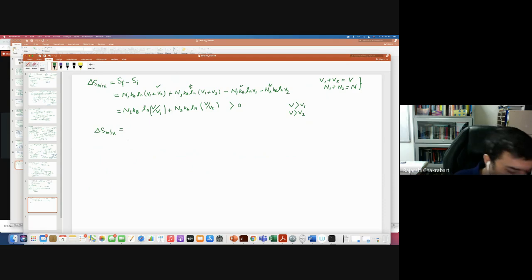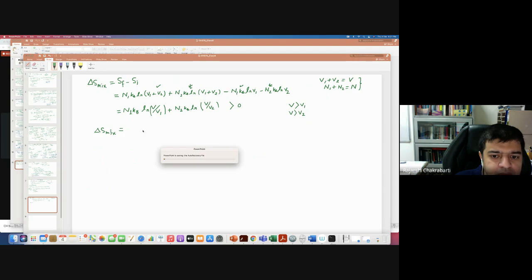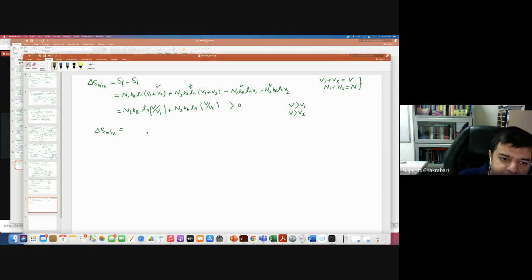I just rearrange this and write it as minus n kb into, if I multiply it with minus n, then it has to be n1 by n ln v1 by v plus n2 by n. This is the same thing, I'm just writing like this.